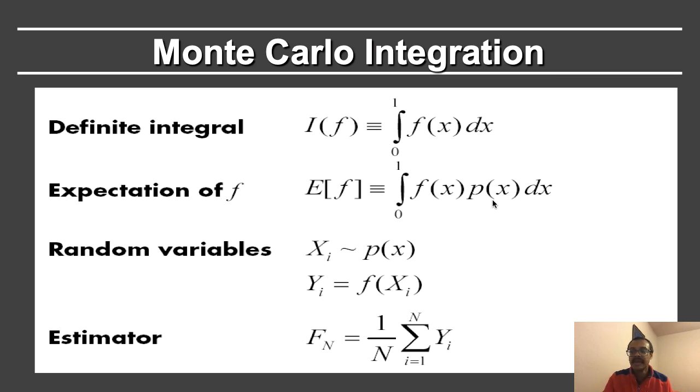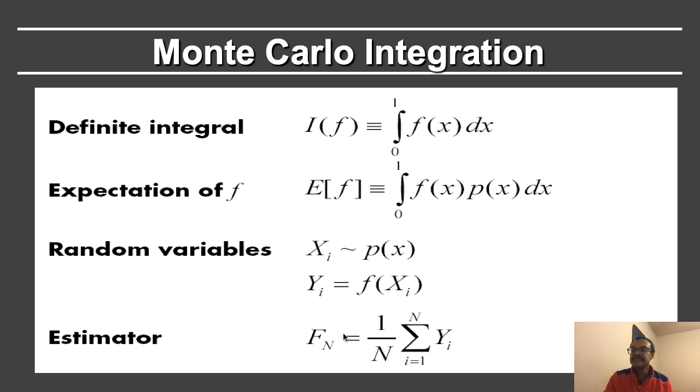distribution. In this case, the random variables x_i will be drawn proportional to p of x, and we find an estimator y_i, which is the function f evaluated at the samples that are drawn, the random variables x_i.